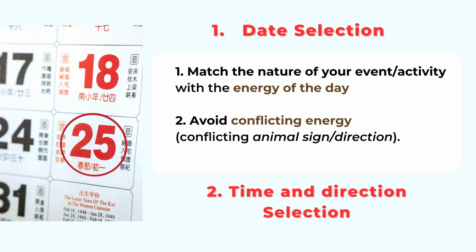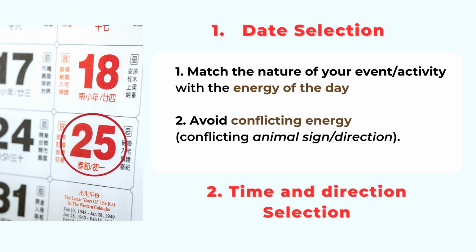And the date selection can be confusing because there's a lot of information in the traditional calendar. The Feng Shui calendar usually combines different systems, including the 5 elements, the heavenly stem and earthly branch, the 12-day officers, the 28 constellations, and many other stars or gods.